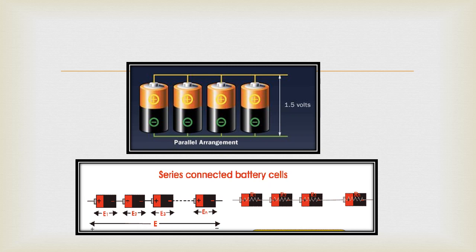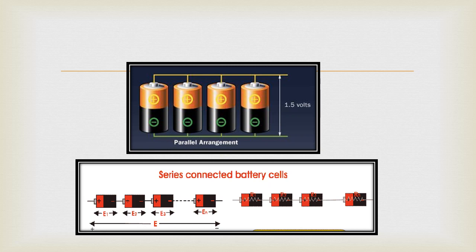Therefore, if each cell has a potential difference of 1 volt, then the potential difference of 3 cells will obviously be 3 volts, students. Now students, in the first diagram you can see how the cells are arranged parallel to each other. So these are the two types of batteries.